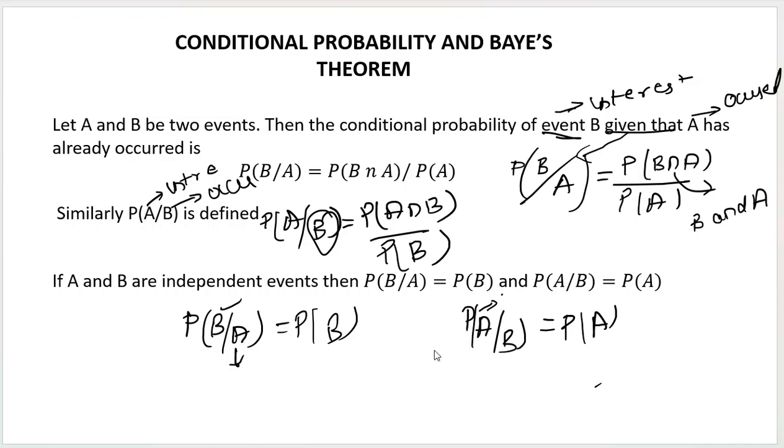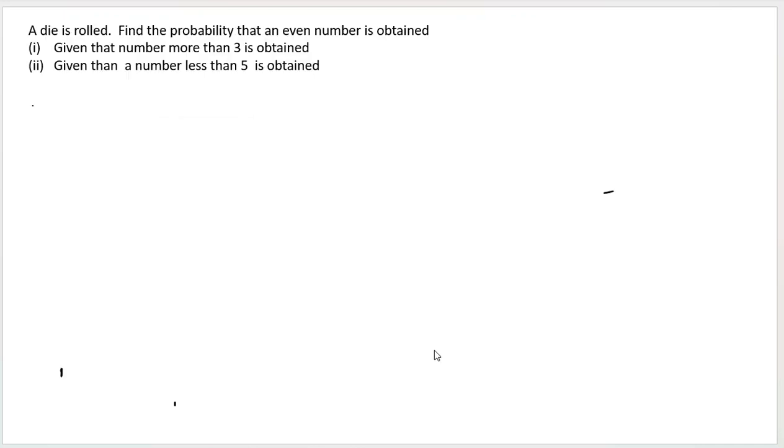Now we solve some simple problems on conditional probability. A die is rolled. Find the probability that an even number is obtained given that a number more than 3 is obtained. First things first, when a die is rolled, we get the sample space as 1, 2, 3, 4, 5, 6. Now if you read only the first sub-question, it involves two events.